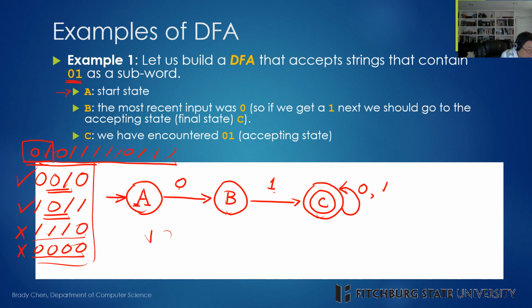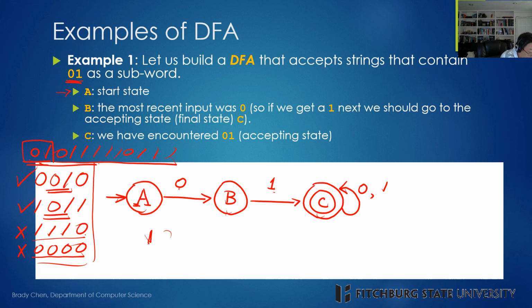We want 0, 1, not 1, 0 or 1, 1. So 1 is not closer to the accepting state. So in that case, we're still waiting for 0 first. And then we hope that the character after 0 is 1. So then we reach the accepting state.